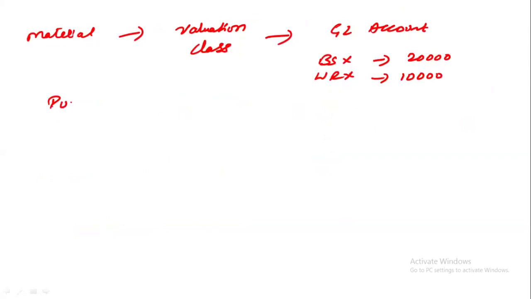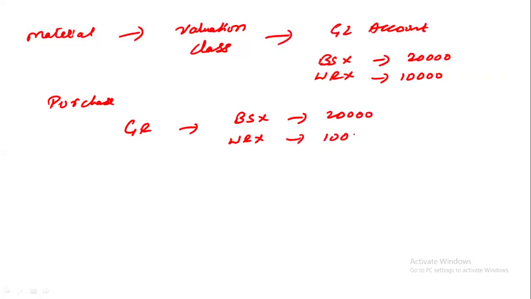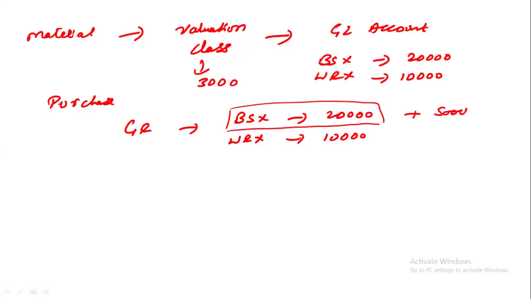So when I purchase the material and do the GR, my BSX will get affected. My WRX will get affected with the account of this and this based on my GL account 3000. Right? Is this clear? Yes. Now, stock will get added to this account. Value will get negative from this account, right?